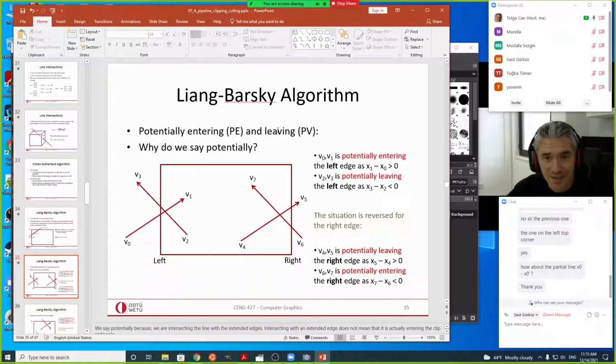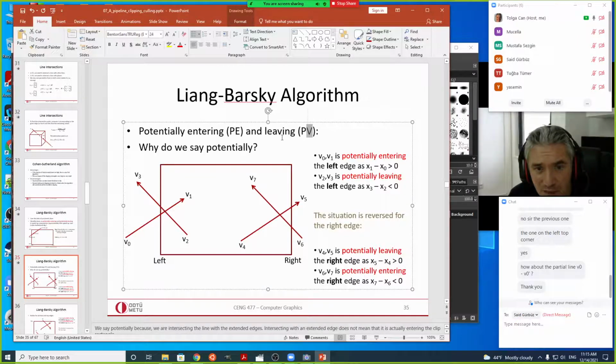We say potentially because the clipping boundaries actually have limits. The left clipping boundary is from this bottom to this top, so the line is not going to be entering the window if it's going above it. It's actually entering the area of the left clipping boundary, but it's not actually entering the window. Therefore it's called potentially entering, potentially leaving.